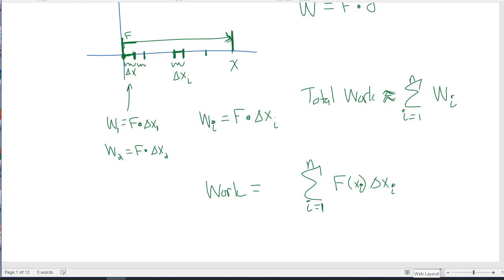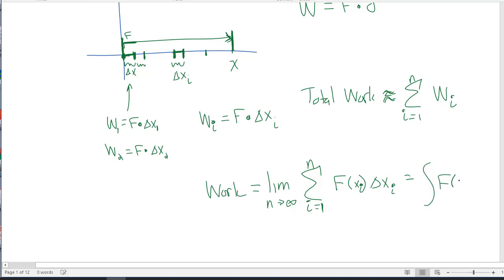Now again, the sum of the n segments of work is an approximation, but when I take a limit as n goes to infinity, that's going to give me the exact measurement of the work. This is the limit of a Riemann sum, so I'm going to end up with the integral of my variable force function, going from point a to point b, whatever those limits of integration might be.